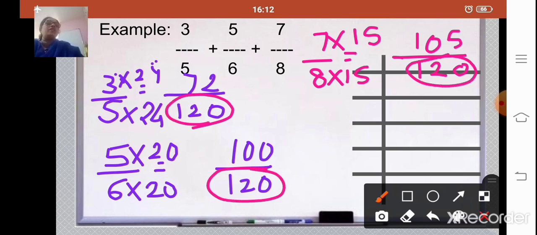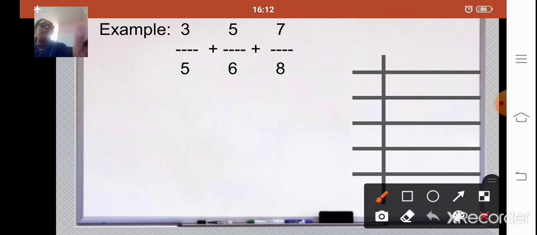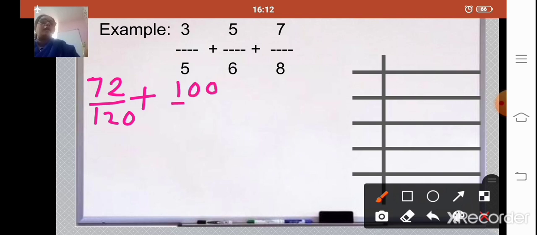Now what you have to do is add all the three fractions together. The first fraction, 3 upon 5, is equal to 72 upon 120. Our second fraction, 5 upon 6, is equal to 100 upon 120, and 7 upon 8 is equal to 105 upon 120.